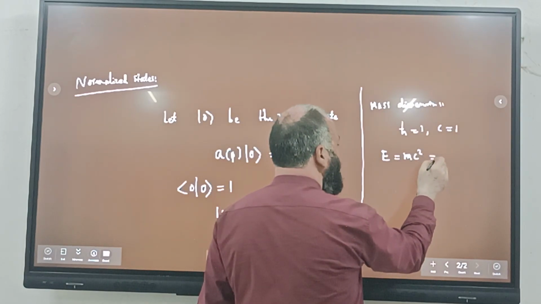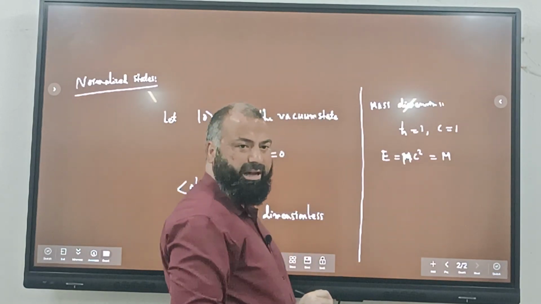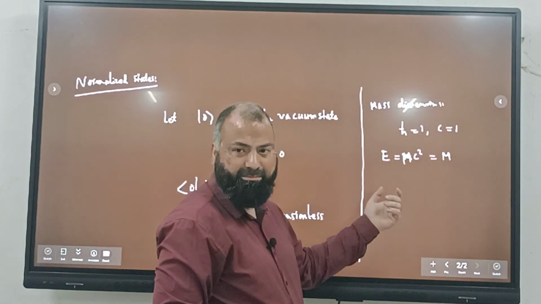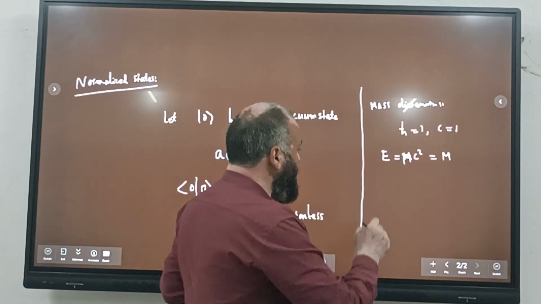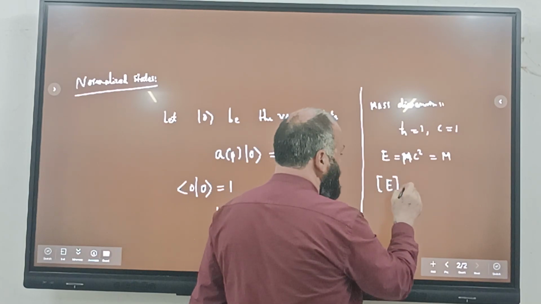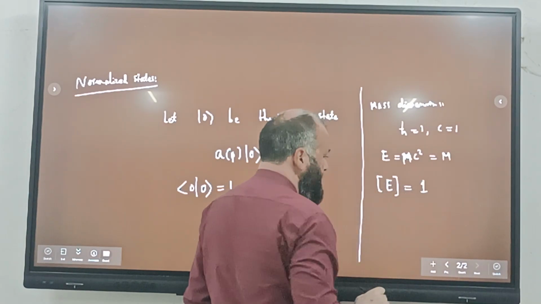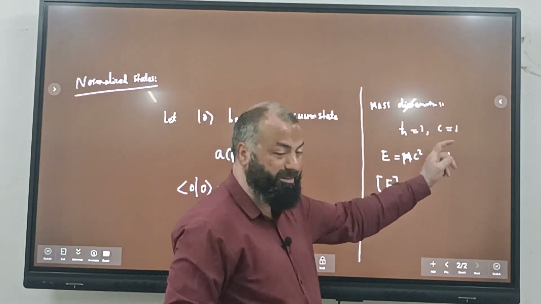E equal to mc square becomes simply E equal to m. So that means the mass has the same dimensions as energy if you put c equal to 1. Clear? So we write the dimensional formula of E as 1. So the mass dimension of energy is 1, so it is m raised to 1.